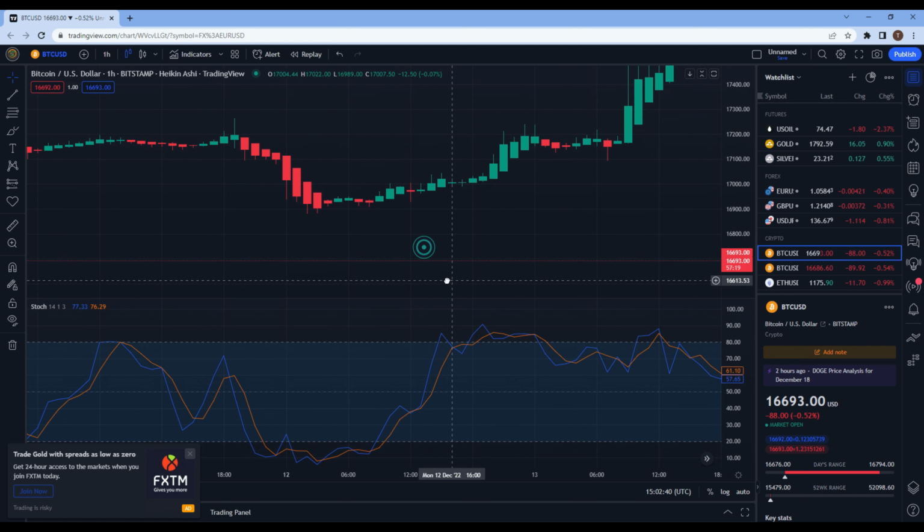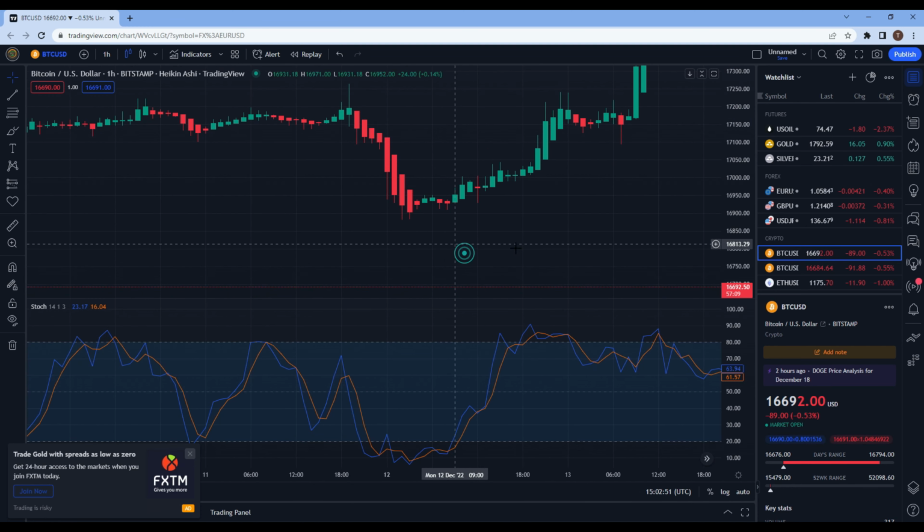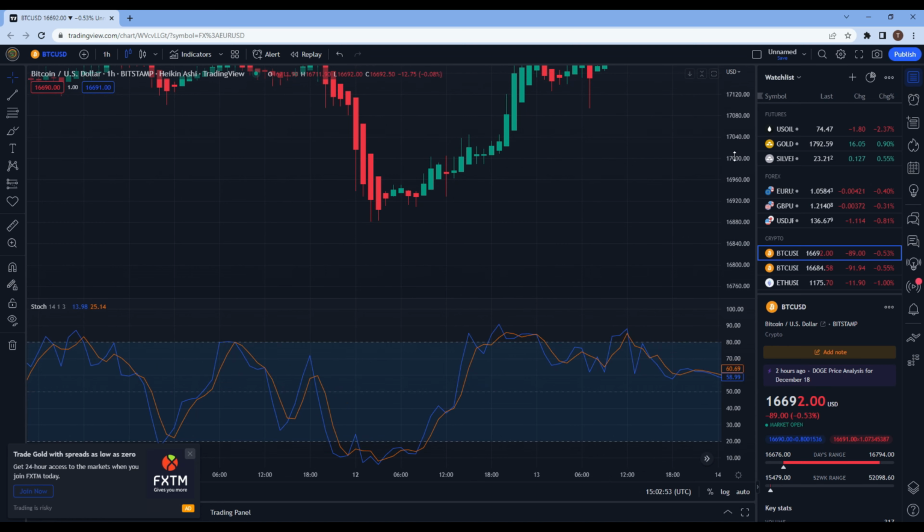And you have to monitor the BTC movement plus the BTC dominance. The crypto market is very volatile, but this thing works in crypto also.